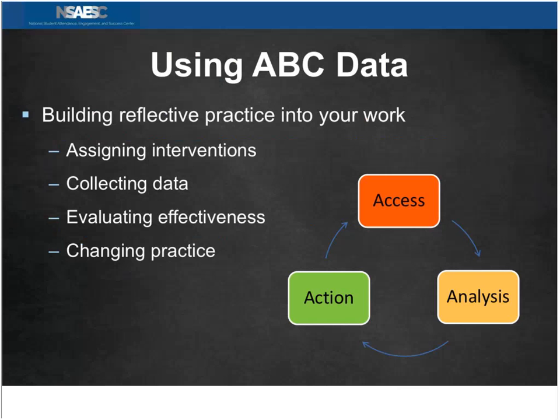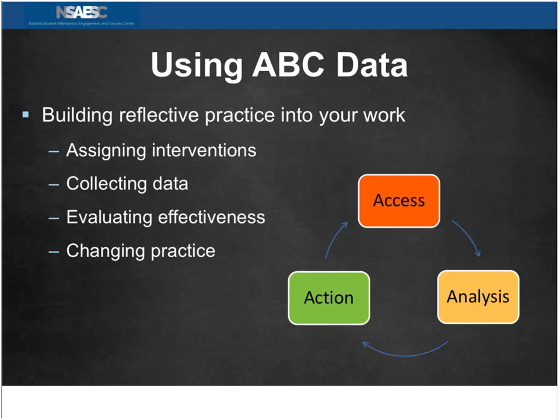For this webinar and this intervention review process, we're going to talk about how you use ABC data, which stands for attendance, behavior, and course performance data, and how that process works. When you're building a reflective practice into your work with interventions, one of the best ways to monitor and improve interventions is by doing the steps involved. You'll see that there are 3 A's. The first one is access.